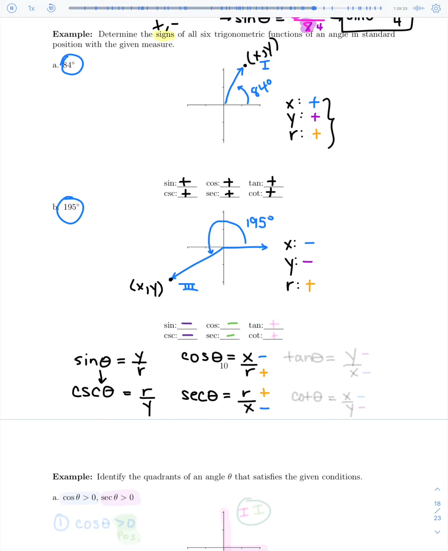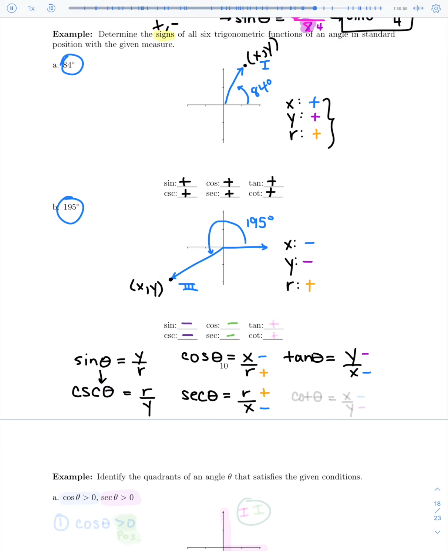Last one, tangent. Tangent is TOA, which is going to be opposite over adjacent. Well, opposite was the y, over adjacent is your x. So what do we know about this? That will be a negative for your y value on top and a negative for your x value on the bottom.